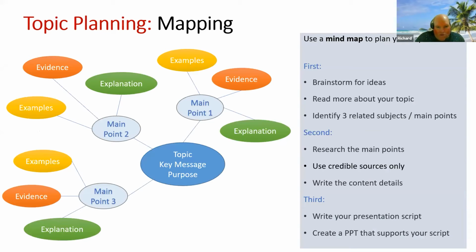So you've got your topic, whatever it may be, and I like to use some kind of mind map or map of some kind to simplify the topic and break it up so I know what I'm talking about, and making sure that main point number 1 is not the same as main point number 2 or 3, that they're completely separate, and therefore I'm not blending the information together and replicating something.